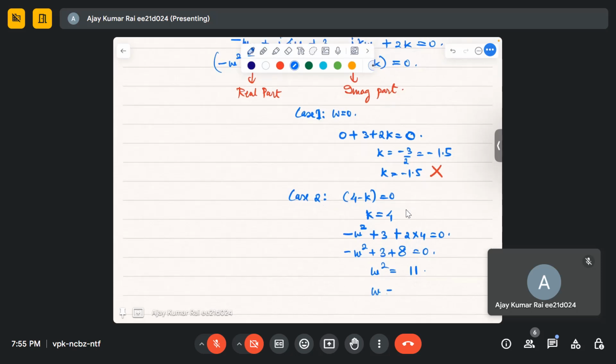So what you'll get, omega is plus minus root of 11, right?